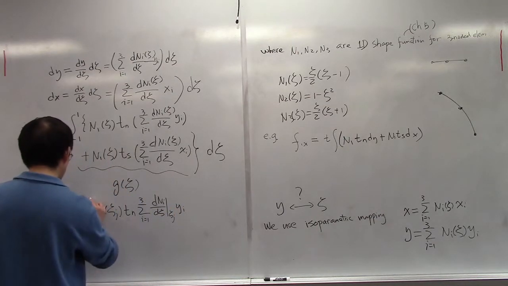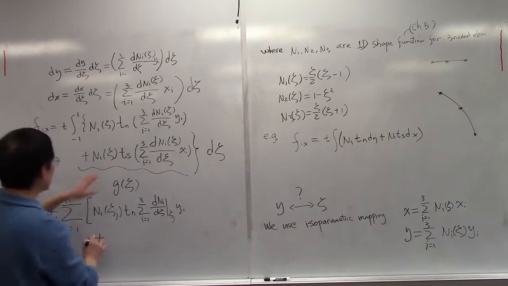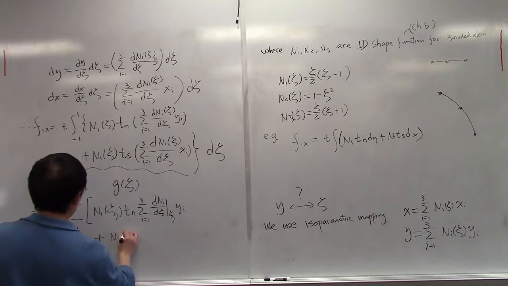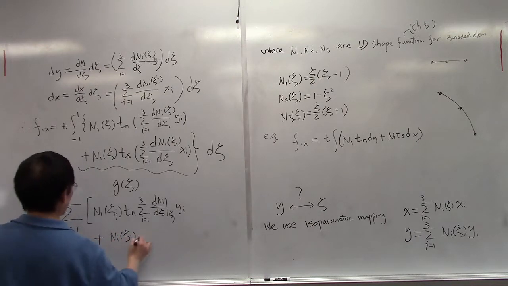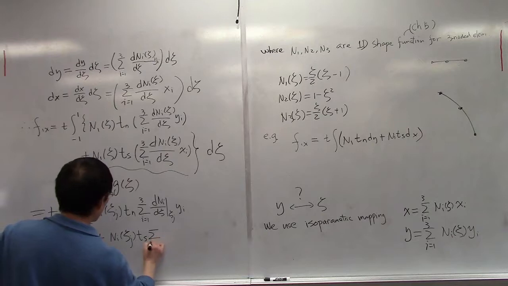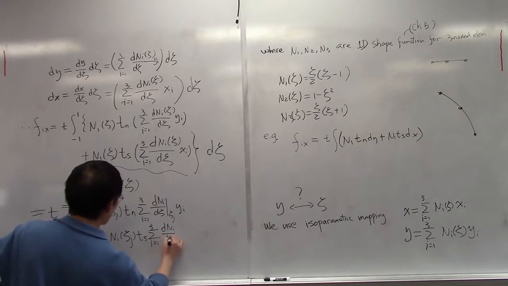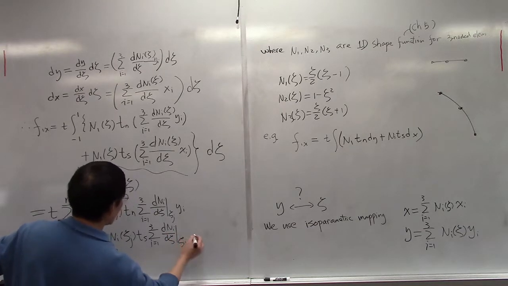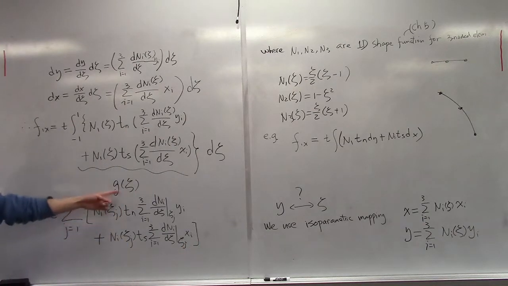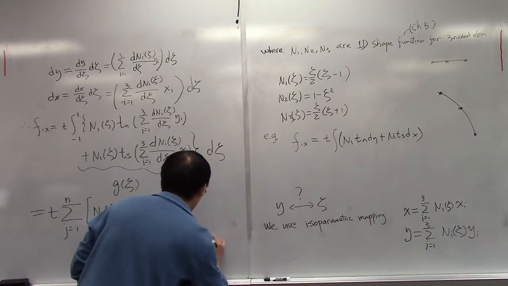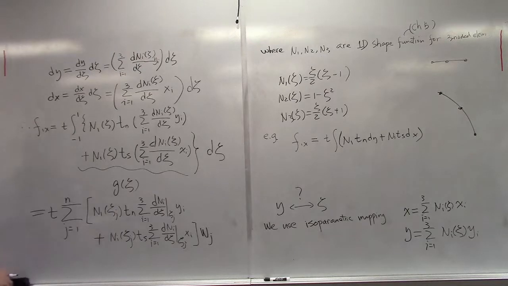Then get all these together plus this term, which is N1 evaluated at theta J, Ts, summation I from 1 to 3 dNi/d theta evaluated at theta J and then xi. All this is that function evaluated at theta J. Don't forget the weight, Wj. Okay?